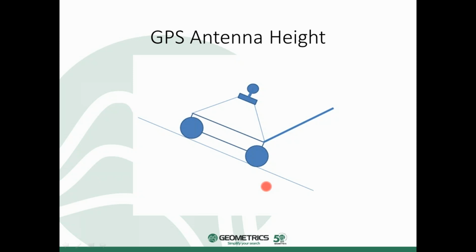And the reason that this is important for both the field operator and the processor is because of the UTM position that's reported. So the MetalMapper data files will report the GPS latitude and longitude directly out of the GPS unit or a robotic total station if you're using that. And it will report the raw lat long, so directly out of the GPS string.